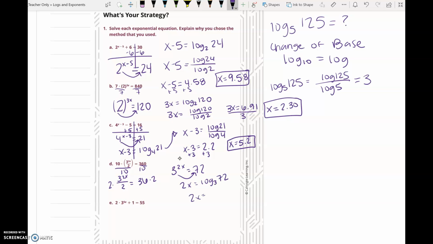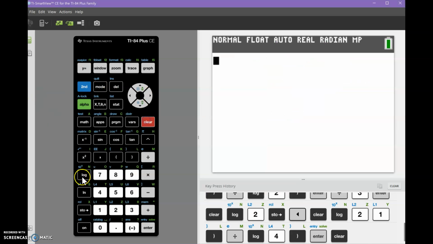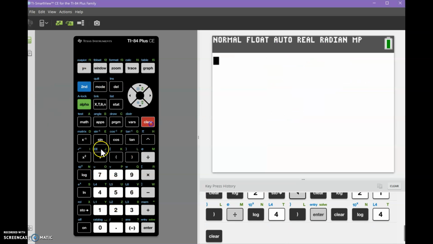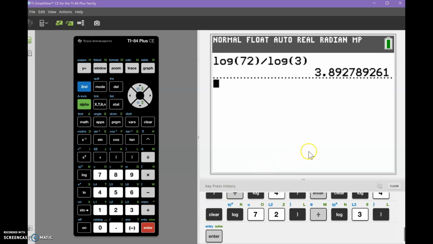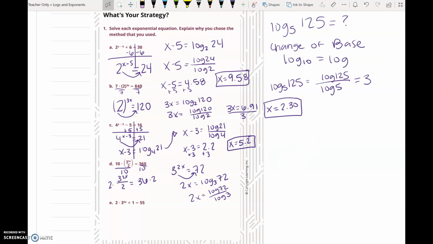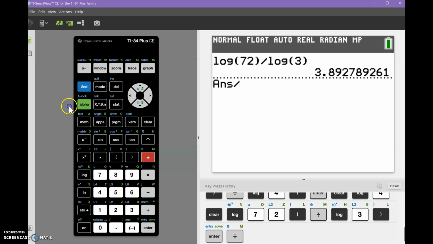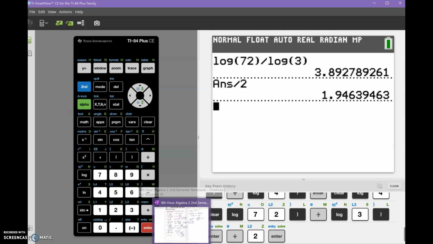Change my base. Log 72 divided by log 3. That's 3.89. Divide by 2. 1.95.